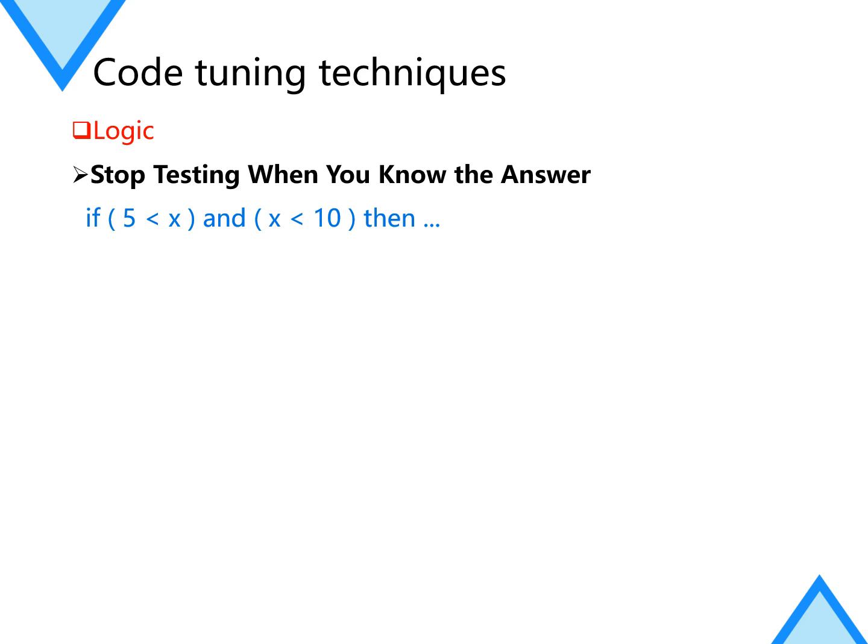If we look at the first condition, if it is true, 5 less than x means the value is greater than 5, then we need to check whether it is less than 10 or not. But if the first condition is false, it means the value is not greater than 5, so it is less than 5.